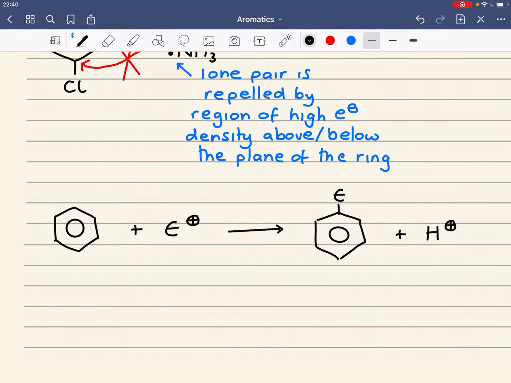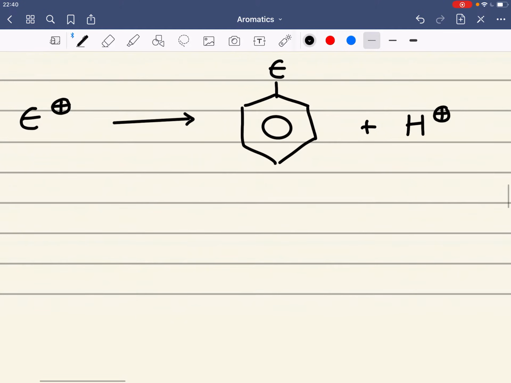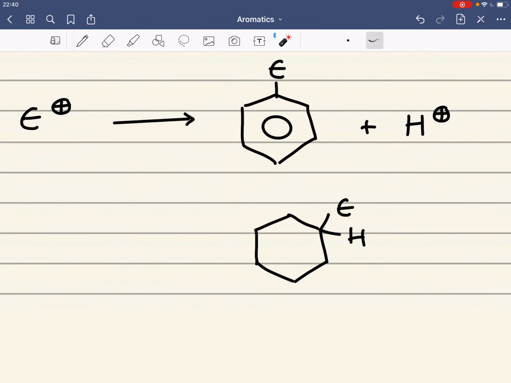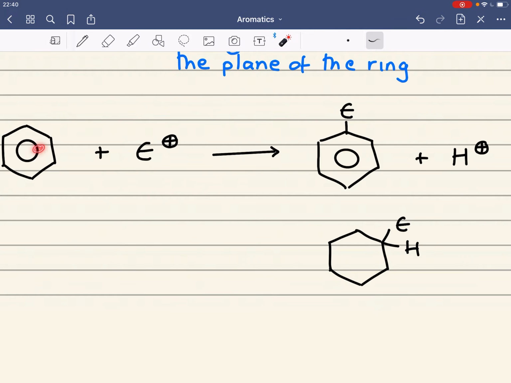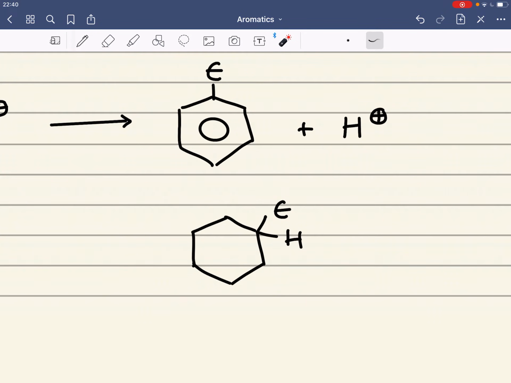So we actually undergo a substitution reaction. If an addition reaction was to take place, let's just have a look at one of the products. What we would get there is that 2 of these 6 electrons in benzene would actually now be in this carbon electrophile bond, which means then we'd only have 4 electrons delocalised in this ring structure.